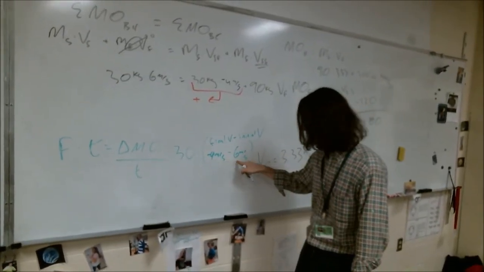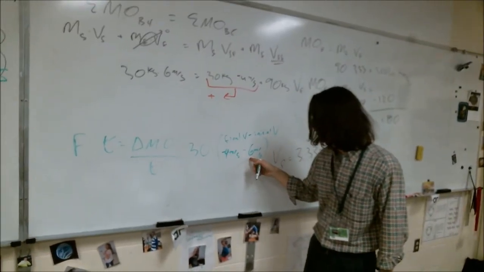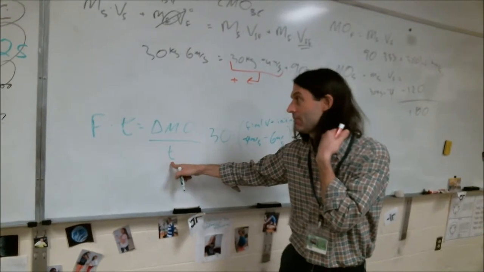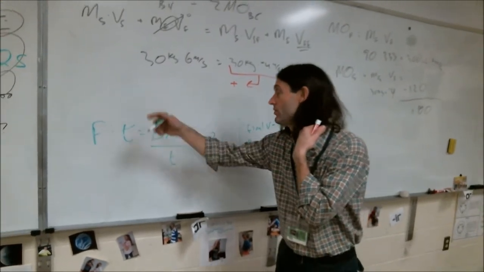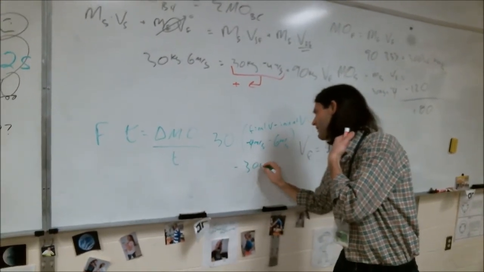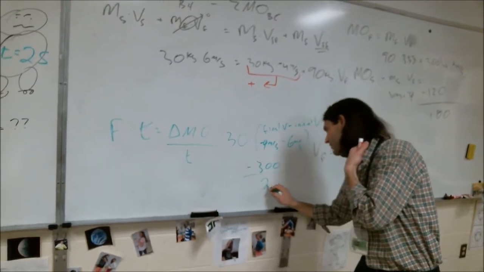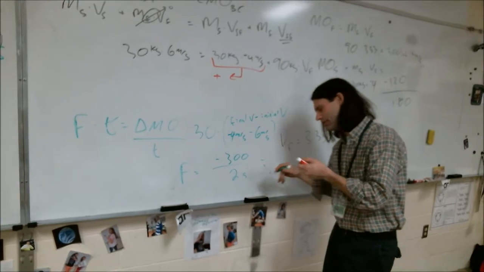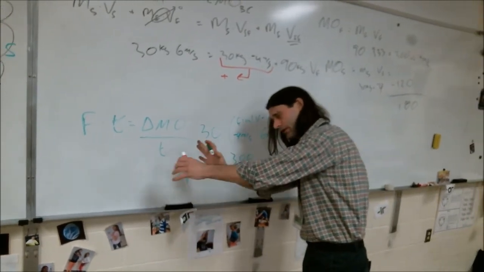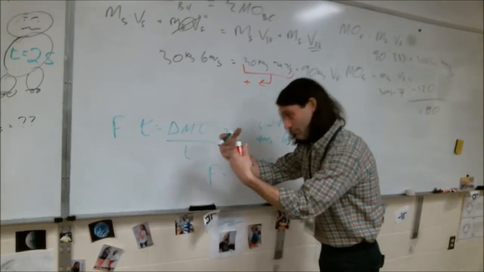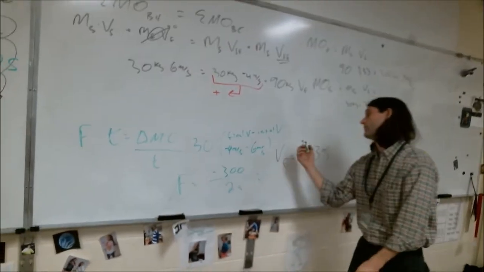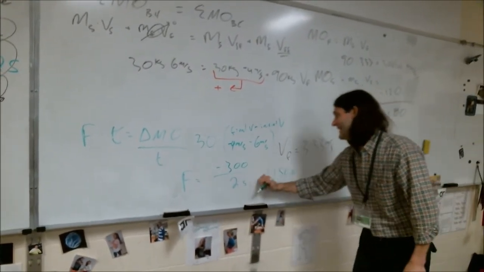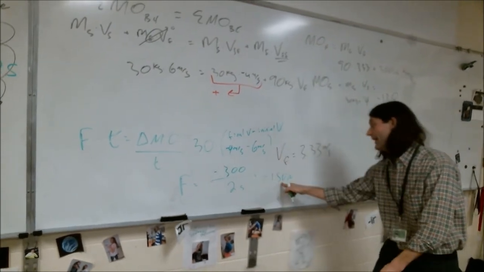So it's -4 minus 6, that's -10. So 30 times -10 is -300. We're going to divide that by, what'd I say, 2 seconds. So -300 divided by 2 seconds is the amount of force. It became a negative number because the direction the fat kid pushed him was in the opposite, backwards, negative direction. So 300 divided by 2, he felt 150 newtons worth of force in the negative direction.